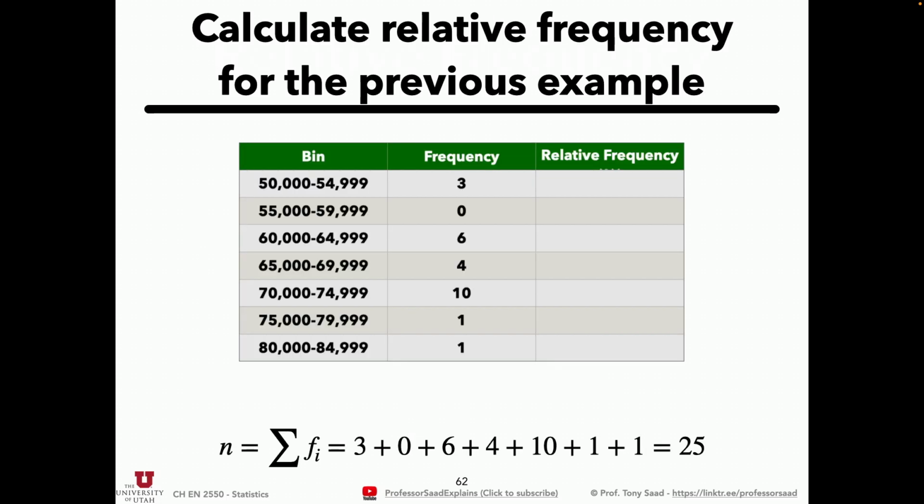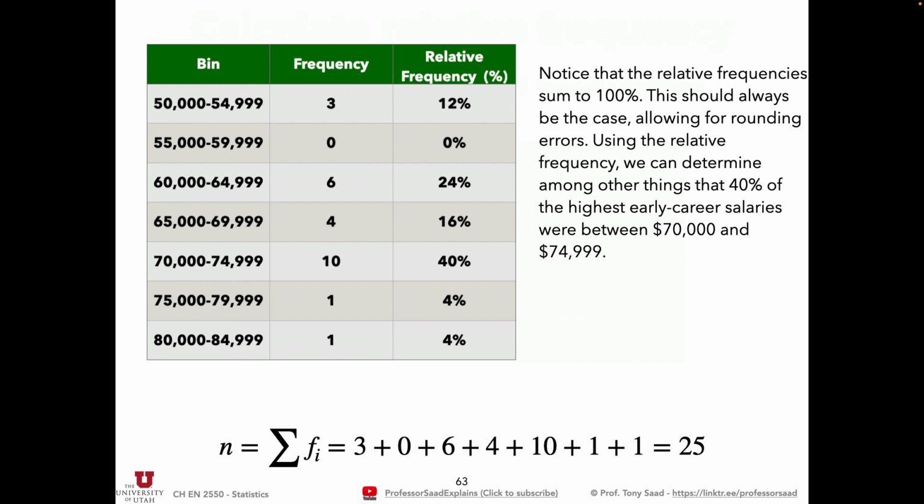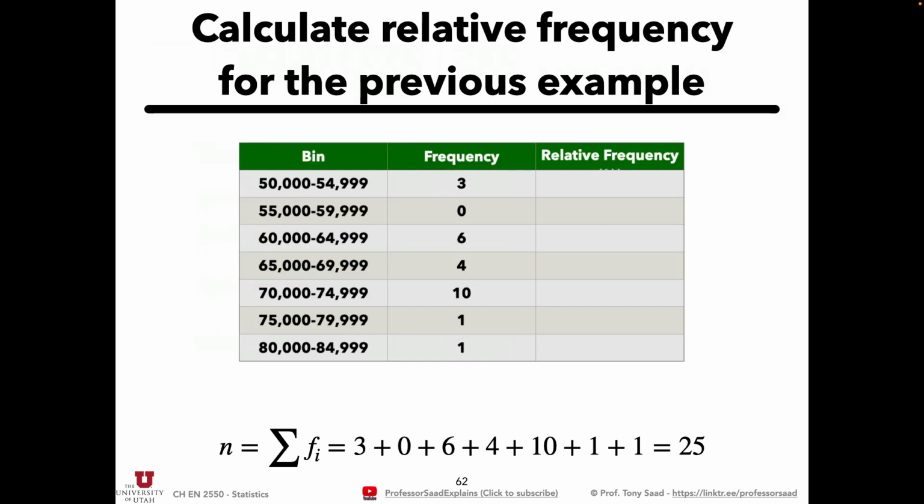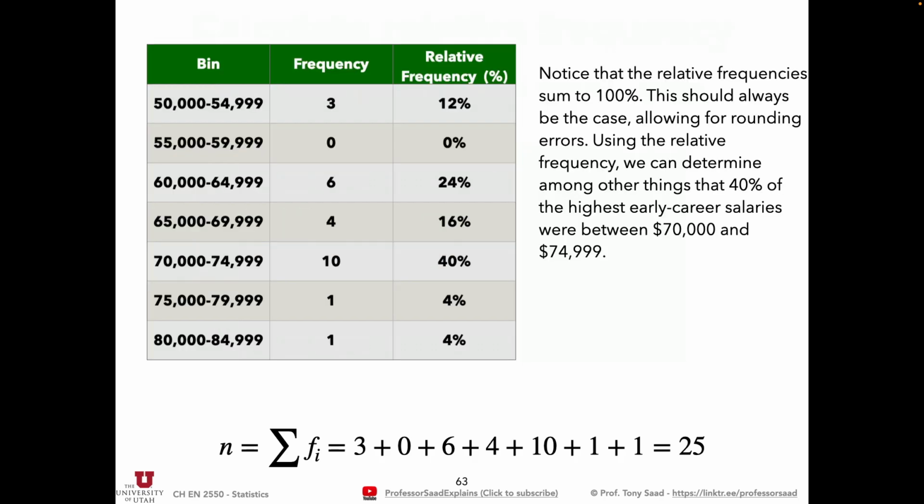You can do this very easily here. I got my bin edges, my total count is this sum, or just the length of the data, that's 25. And I simply divide 3 by 25, 0 by 25, 6 by 25. So 3 by 25 is 0.12, and then 0 by 25, 6 by 25, 0.24, and so on and so forth. And so you get this kind of percentage.